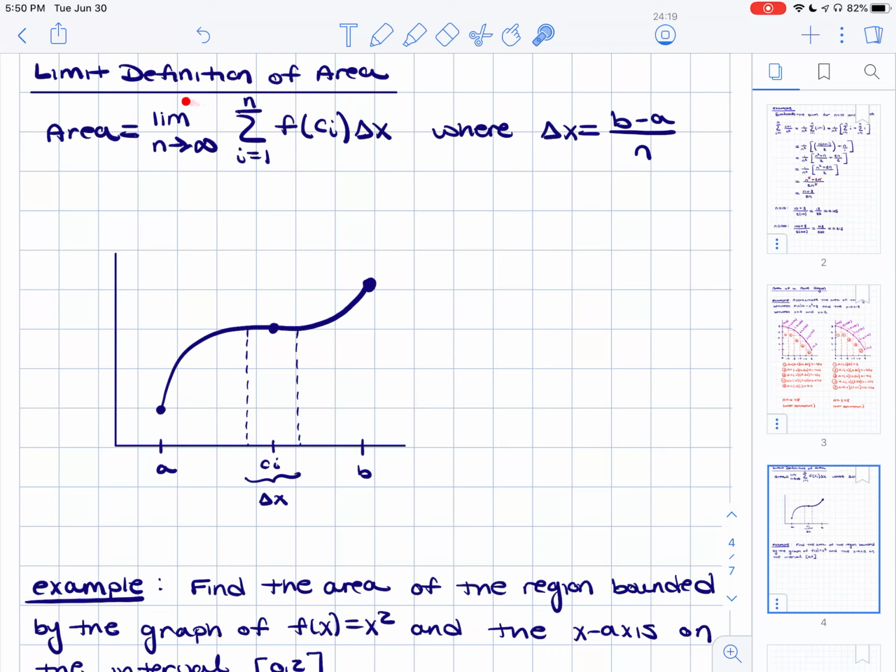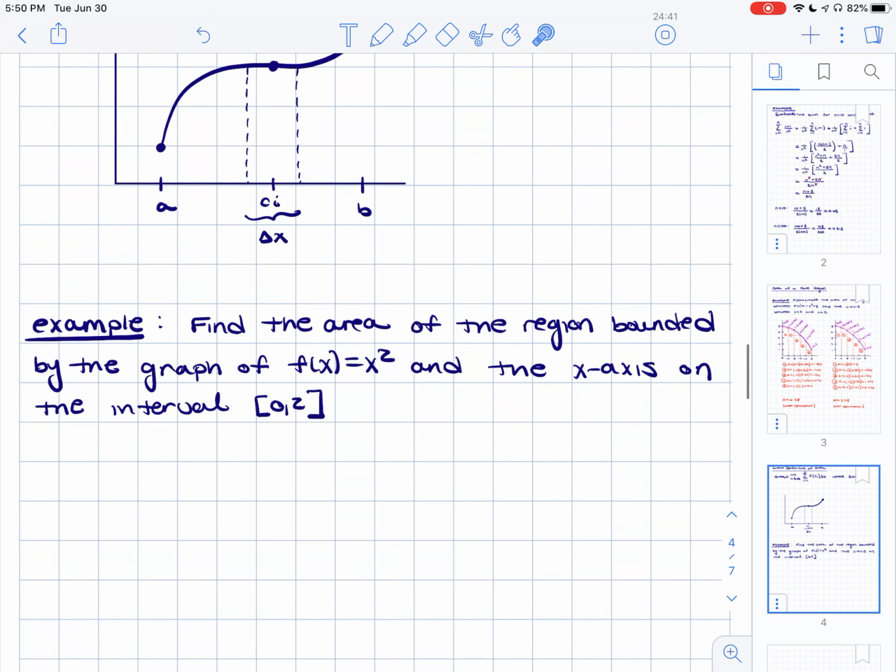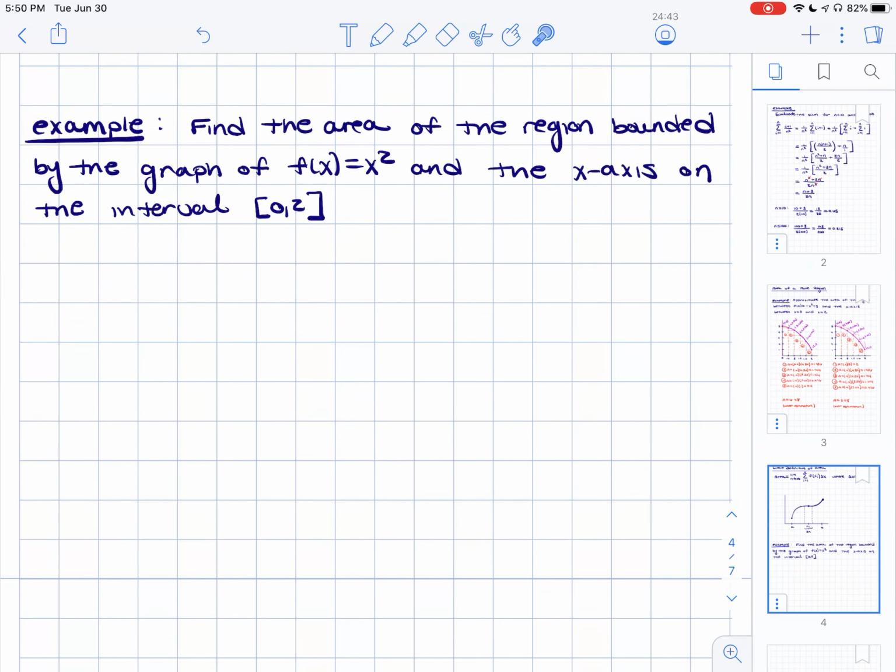And since we're looking at the limit as n approaches infinity, we're basically looking at the limit as delta x approaches 0. So if we have these rectangles really small, then we'll be able to get a good approximation of the area under this curve. Okay, so let's look at a couple examples using this definition.